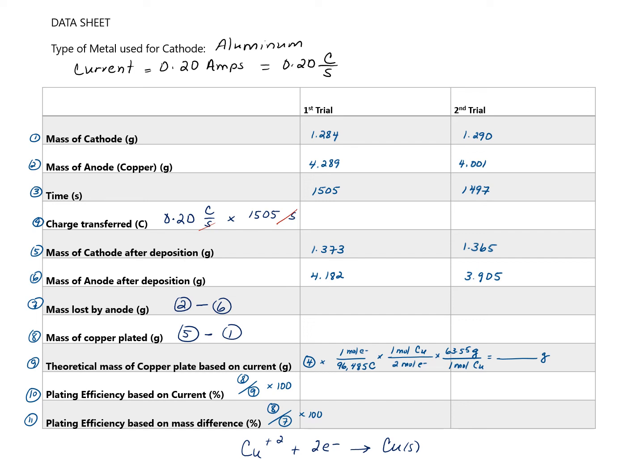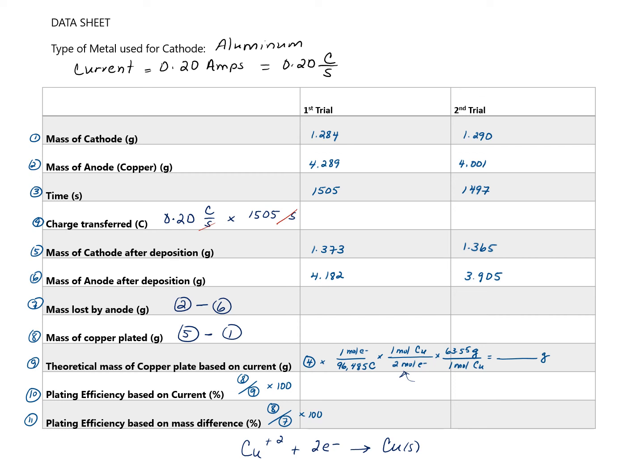Now you are trying to calculate an actual mass. So the third conversion factor in that calculation is just the molar mass of copper. When you're done with the second conversion factor, moles of electrons cancel out, and what you have is a number in units of moles of copper. So you can convert moles of copper to grams of copper by multiplying times the molar mass.